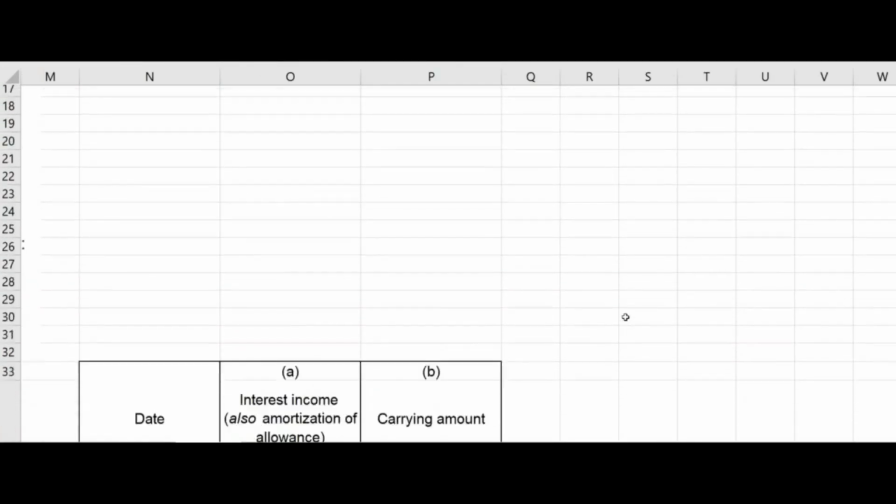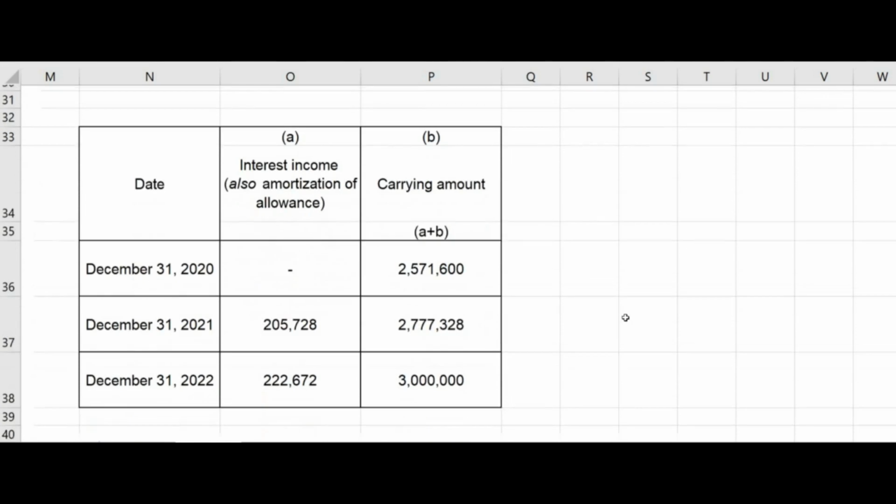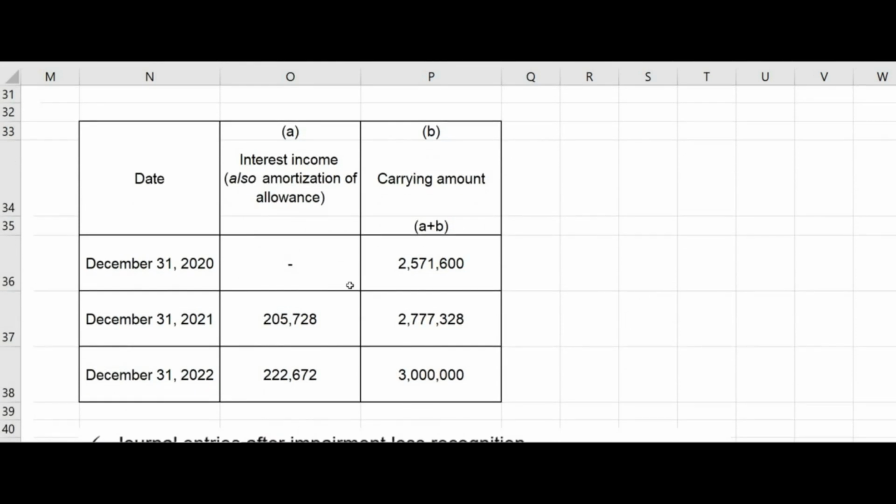Okay, next is the subsequent na entries. So, this is an amortization also of your allowance. So, we have here, for the 2 years na wala tayong interest kasi hindi nakapagbayad si client, dapat mag-compute tayo ng interest using this amortization. So, we have this amortization schedule here.